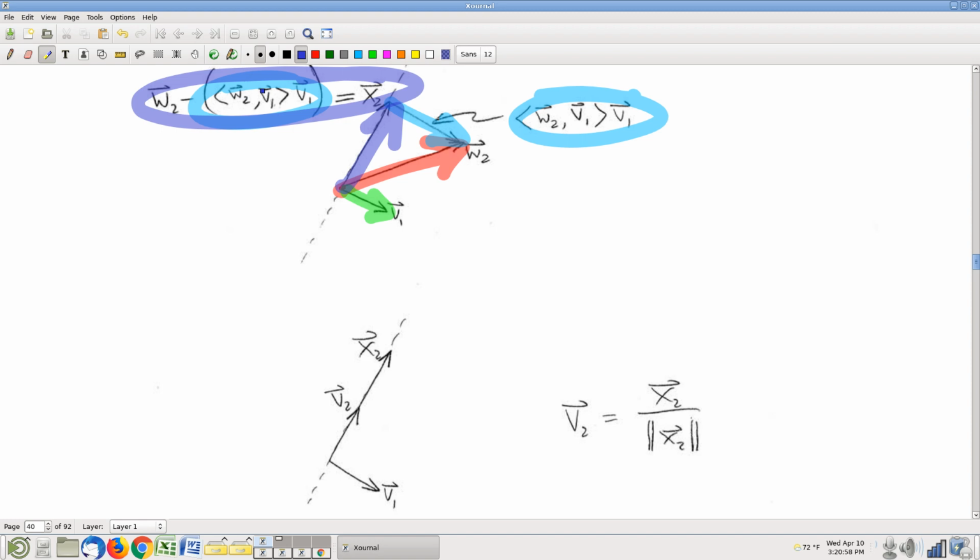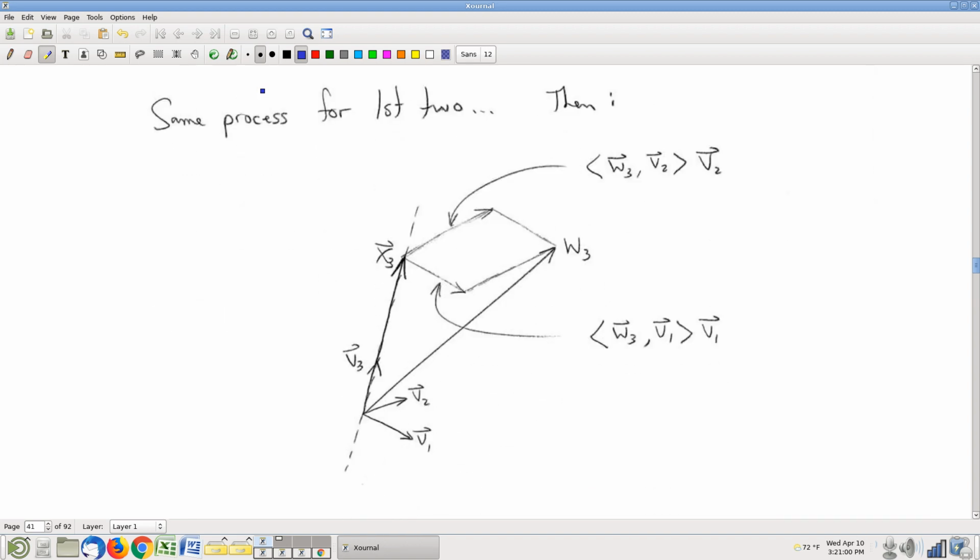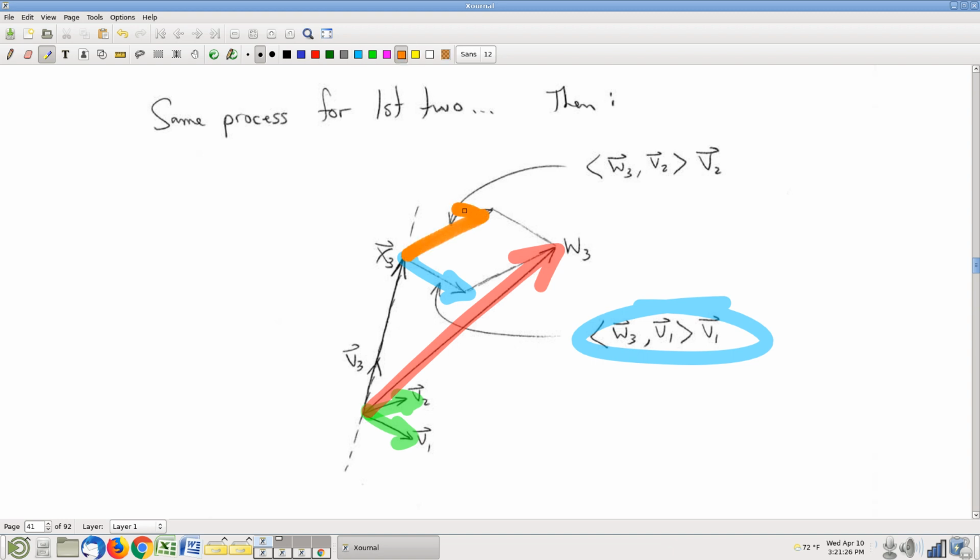If you have multiple previously fixed vectors, so you've already fixed the first two vectors, so these are already orthonormalized, then just realize that there's kind of two parts there. I mean, this vector that I don't like, it's not pointing in the right direction. Partly I don't like it because of the extent to which it's pointing in the V1 direction. And partly I don't like it because of the extent to which it's pointing in the V2 direction.